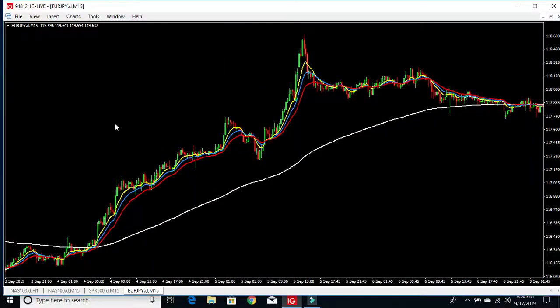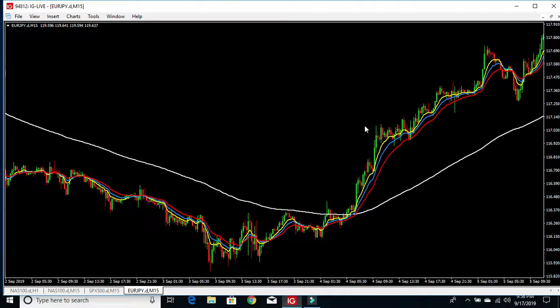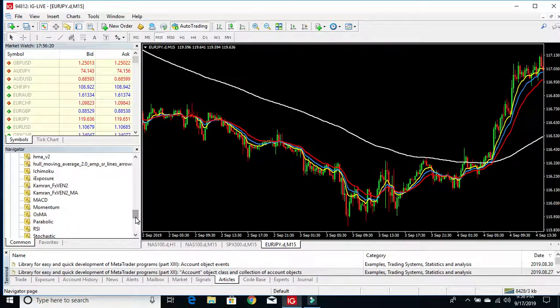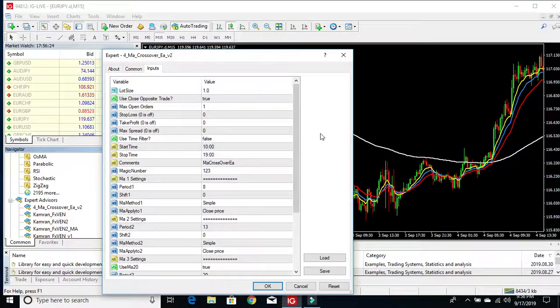So the EA is going to be in front of you in a moment. This is the 4 moving average crossover EA, and you start with the lot size of your own choice depending upon your equity. Maximum open order is 1.